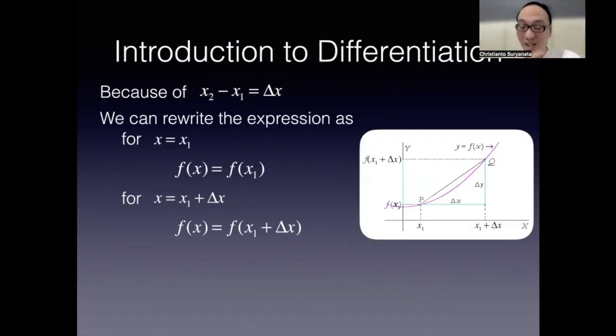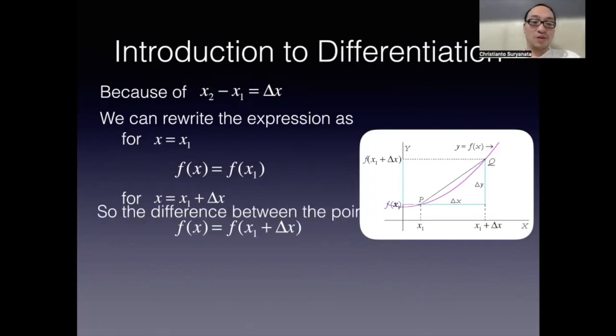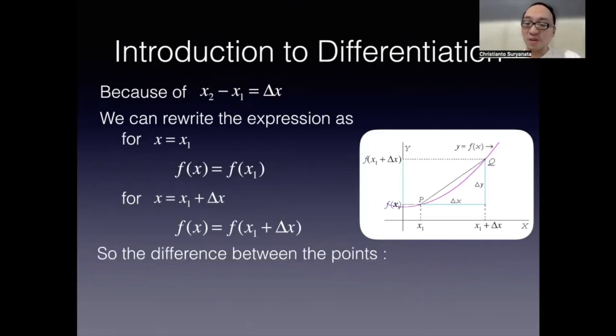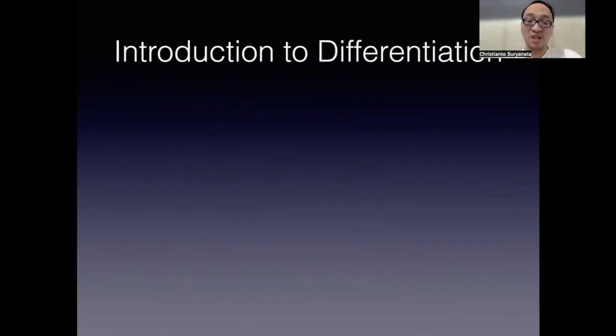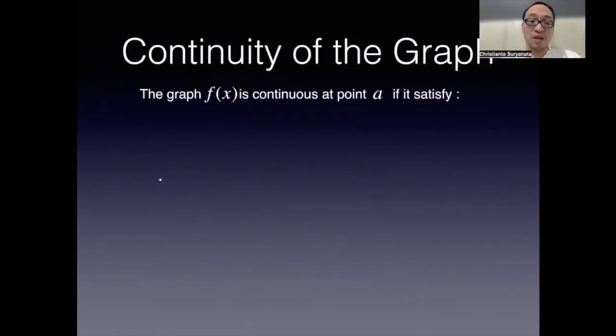I replace the x2 there with x1 plus delta x. Now the difference between the points becomes f(x1 plus delta x) minus f(x1). So this is similar to the previous slides.